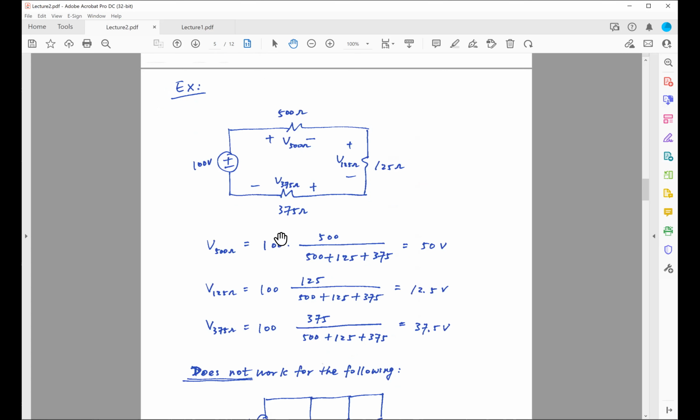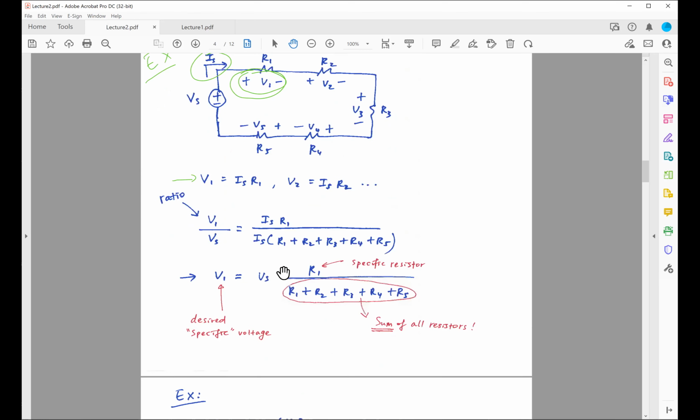Take a look at this example. So I have 100 volts here in series with 500 ohm, 125 ohm, and 375 ohm. If I want to find the voltage drop across each of these resistors, I'm going to apply the voltage division that we just learned.